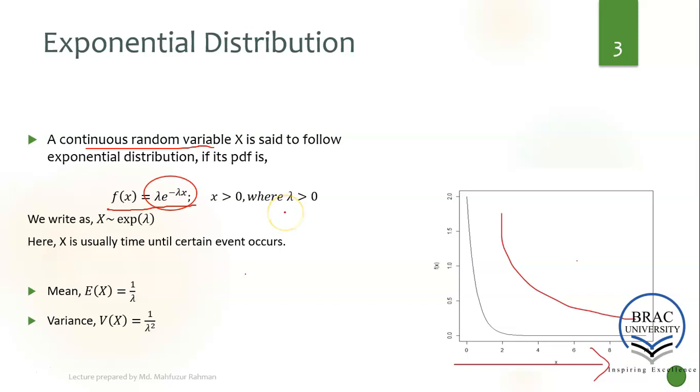Now, many of you can identify lambda as a parameter of the Poisson distribution. But as you know, the Poisson distribution is a discrete probability distribution. So how can it be a parameter for the exponential distribution, which has a continuous random variable?